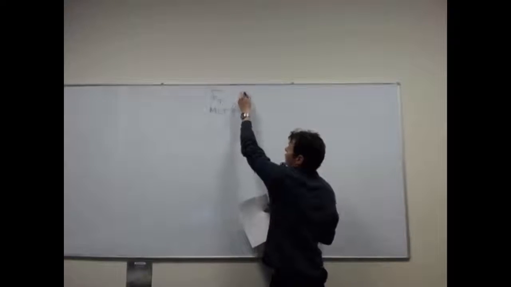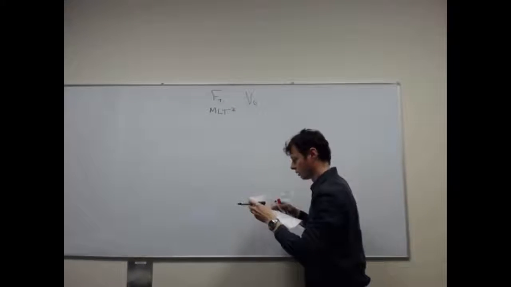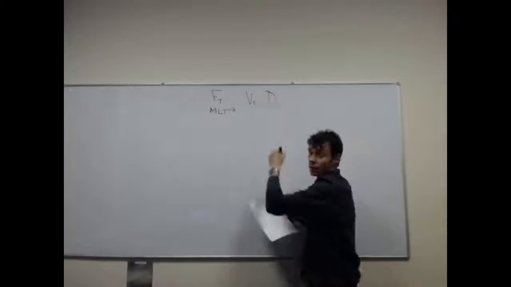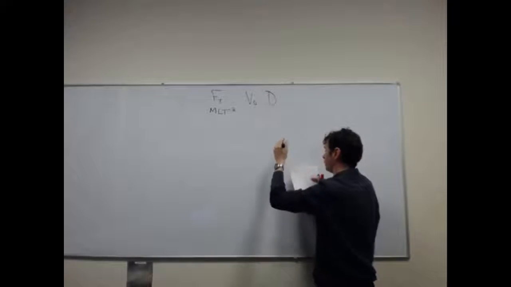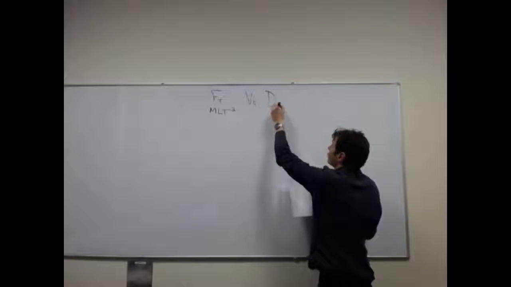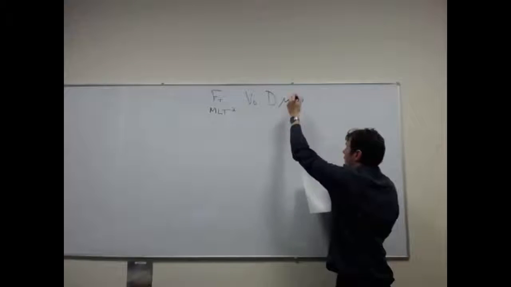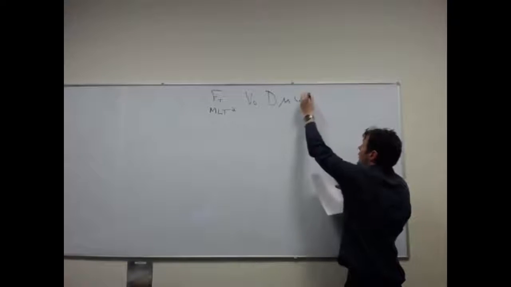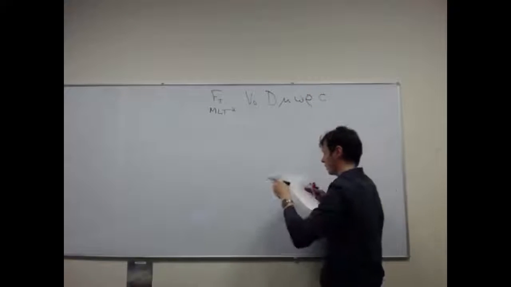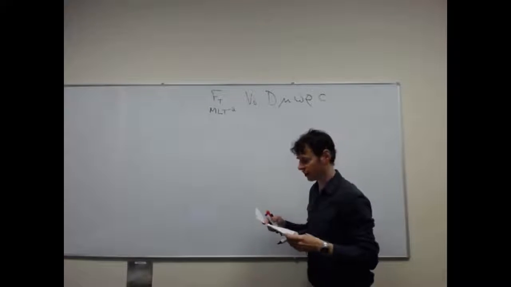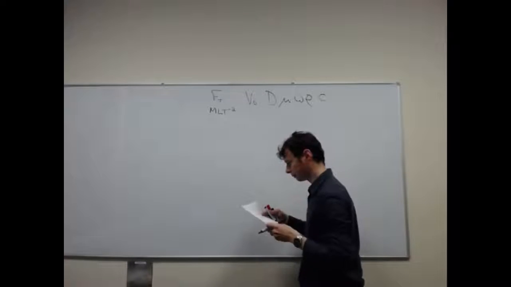We have velocity V0. That's the diameter. Got dynamic viscosity, angular velocity, density, and C, which is speed of sound, I believe.